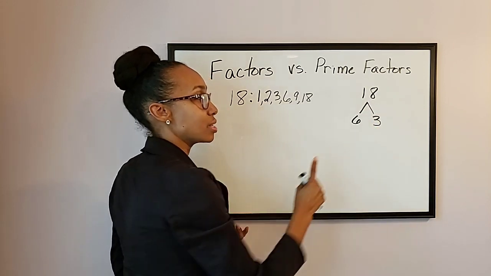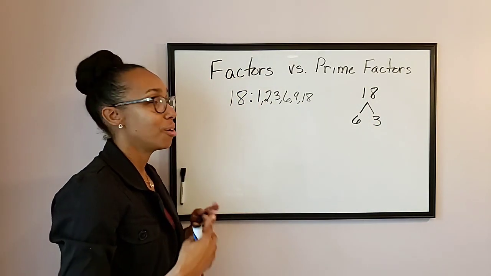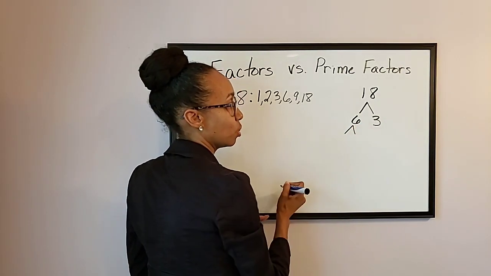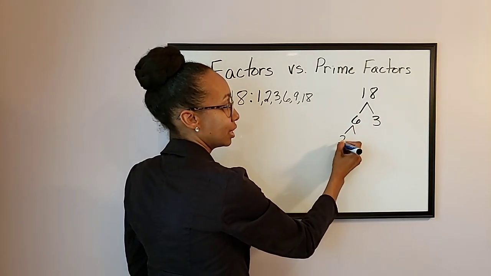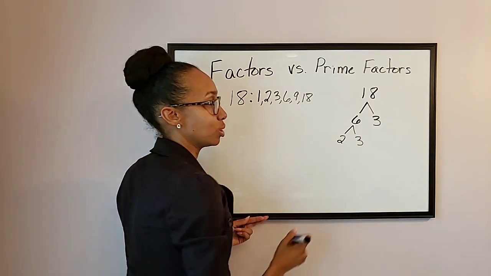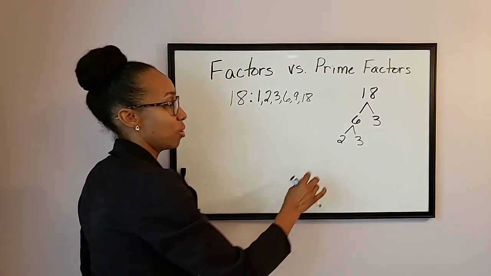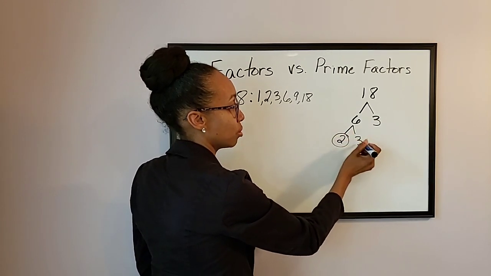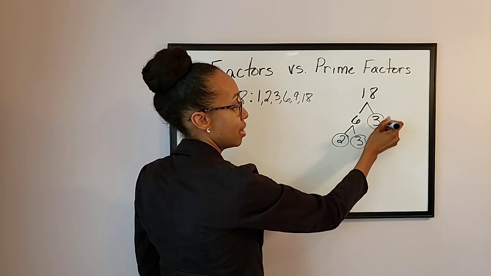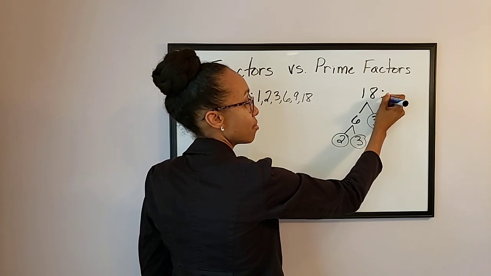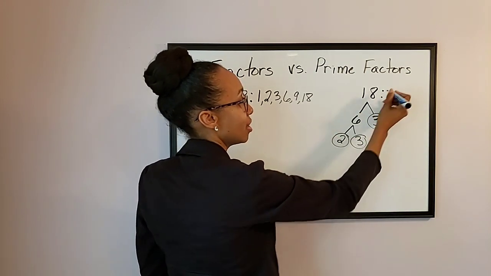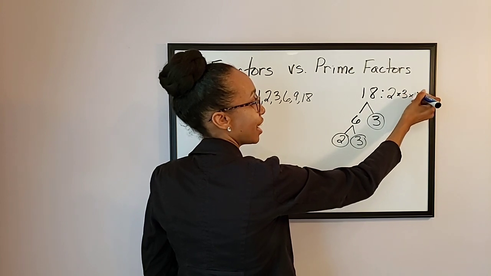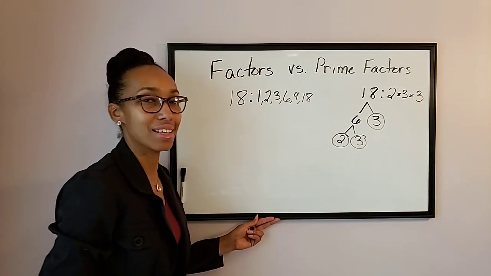Because 3 is already prime, we can leave it as 3, but we're going to break down the 6 a little more. We know we can make 6 by taking 2 times 3. All right? So now we have a list of our prime factors. Our prime factors are the number 2, a 3, and a 3. So the prime factors for 18 are 2 times 3 times 3. I kind of squeezed it in there at the end.